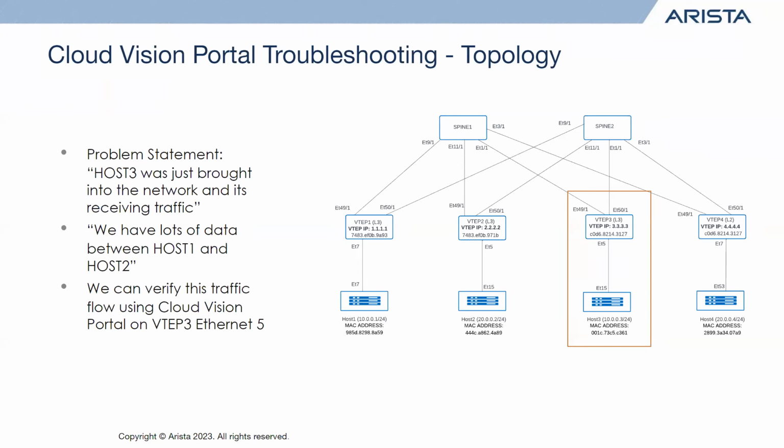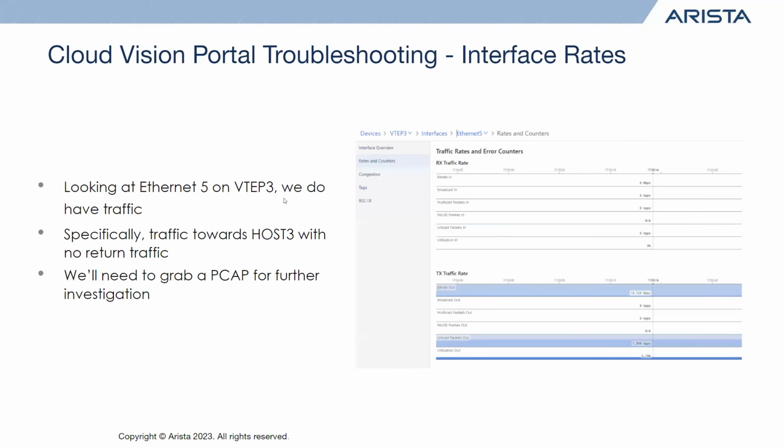So the first thing we'll do in our troubleshooting journey on CVP is verify that the traffic on Ethernet 5 on VTEP 3 is actually flowing as we expect. To obtain this information, we can go to the devices page and select VTEP 3. Then on the left-hand side, we'll select interfaces and Ethernet 5.